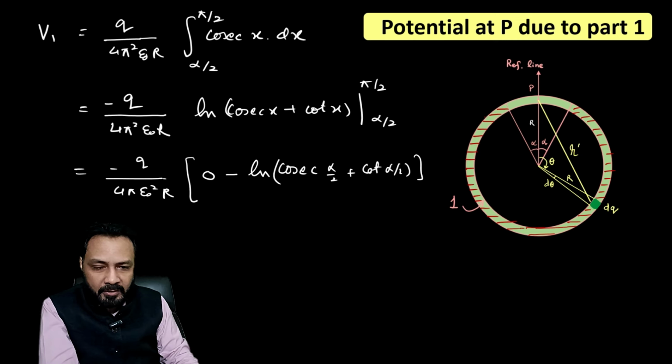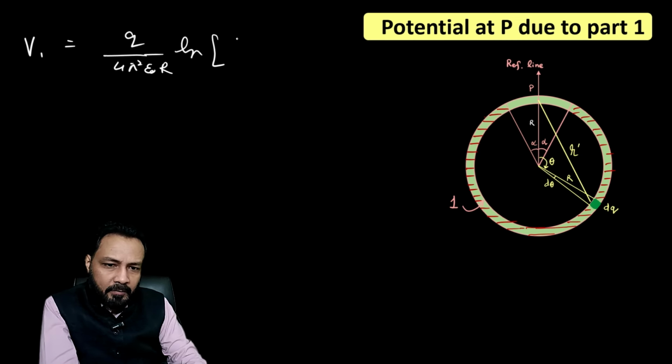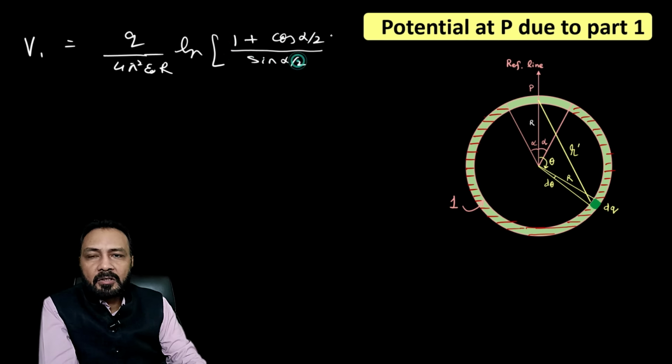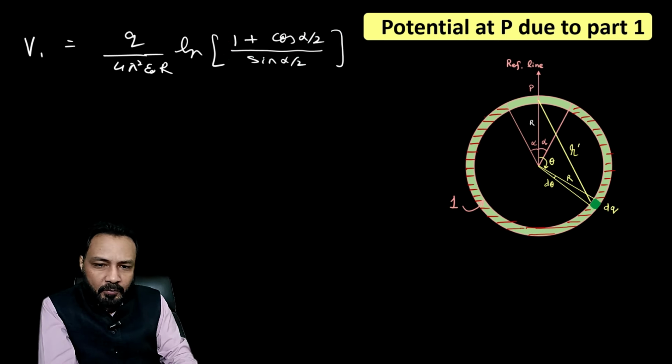Let me break it into sine and cos. So if I break it into sine and cos, that will become 1 plus cos alpha by 2 divided by sine alpha by 2. Now let's break into alpha by 4.